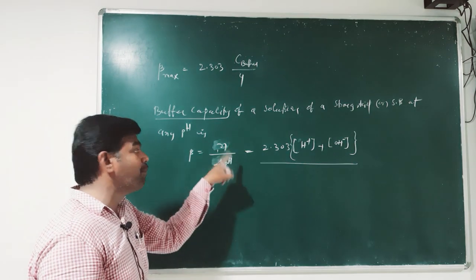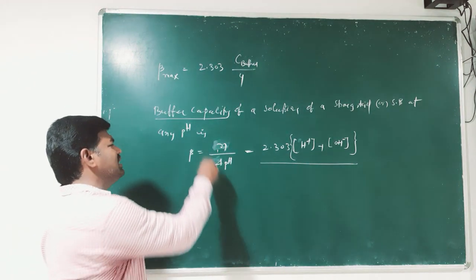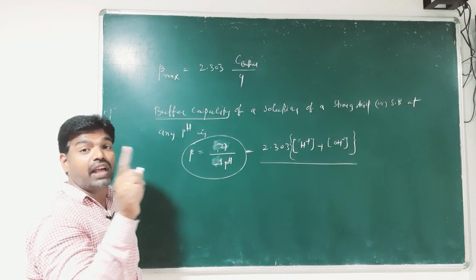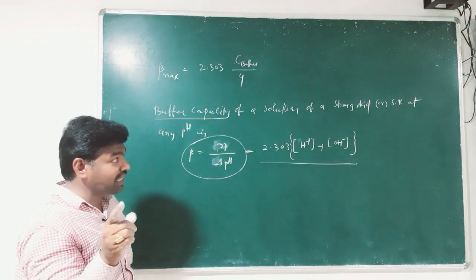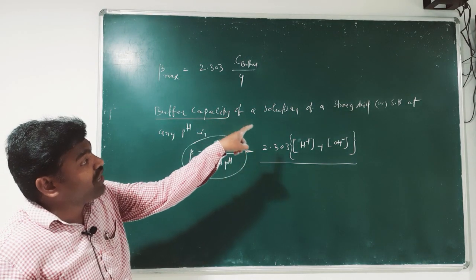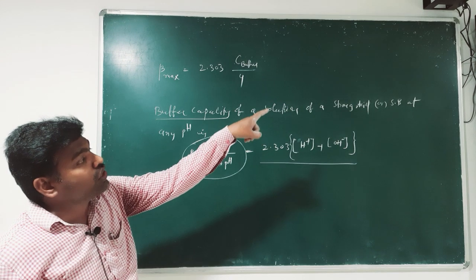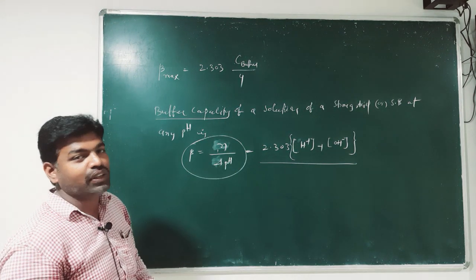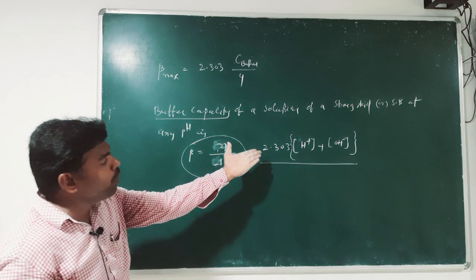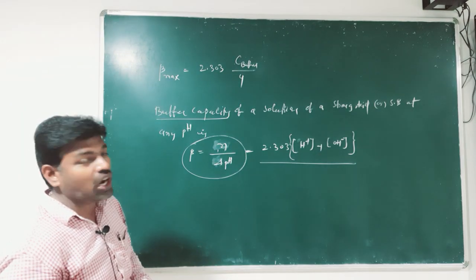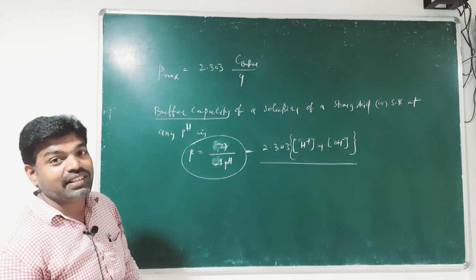This is a very important formula. So when they ask to calculate the buffer capacity of a solution of strong acid or strong base at any pH, the formula is 2.303 into concentration of H plus plus concentration of OH minus ion.